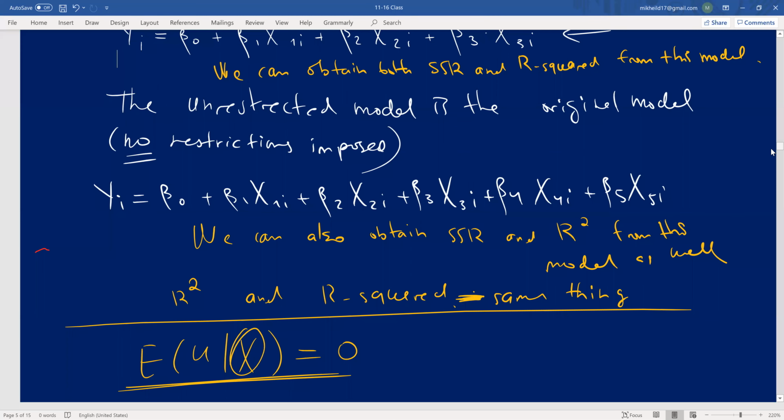You will have fewer X's for the restricted model clearly, but the disturbance term should not be correlated. How do we know this? We don't know this. But there are ways to test if this assumption is applicable. Did I answer your question? Yes, thank you.